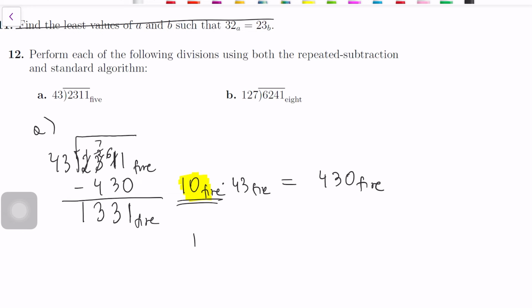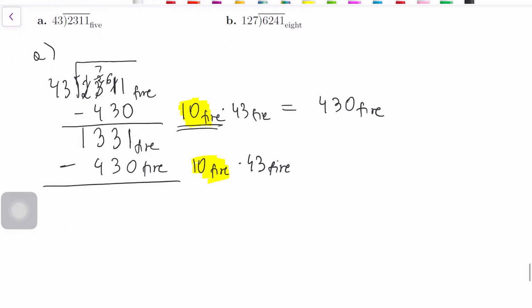So now let's fit again 10 43s in it. I want to divide by 43, so I want to see how many 43s I can fit. 10 times 43, I know it's 430. So let's subtract that many 43s and see what's still left and how many 43s I can fit again. Okay, so then that's 1, 0. I borrow from a block, which creates 5 flats.